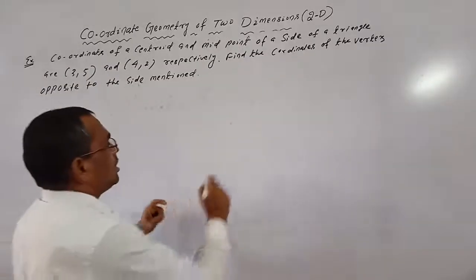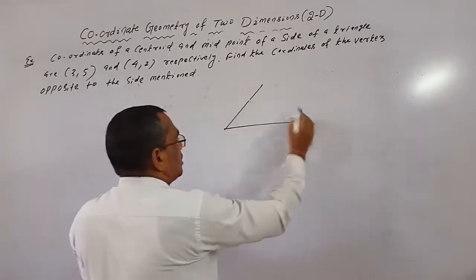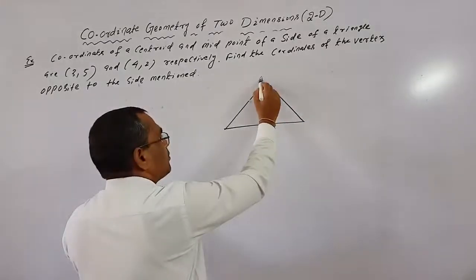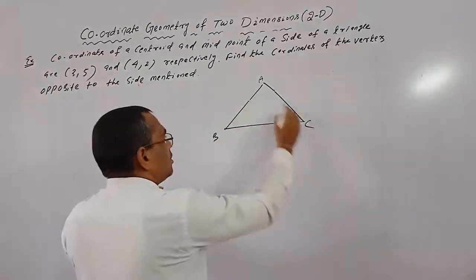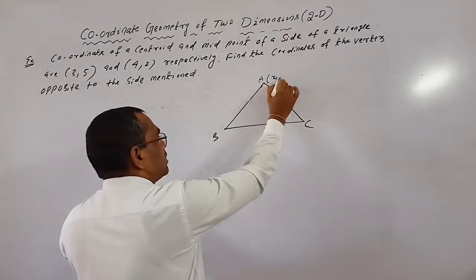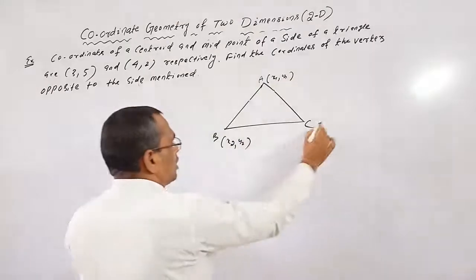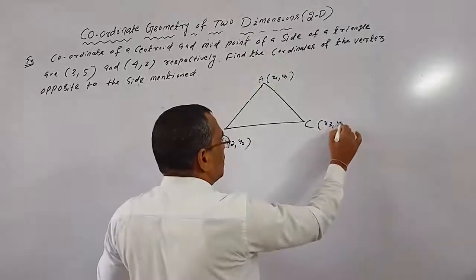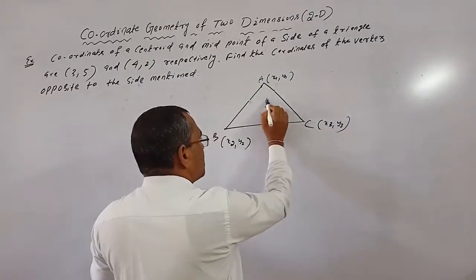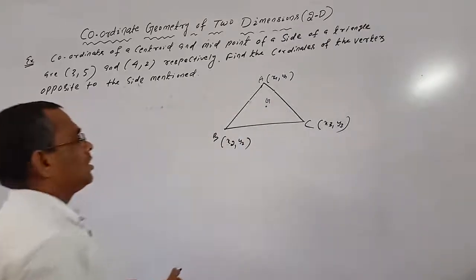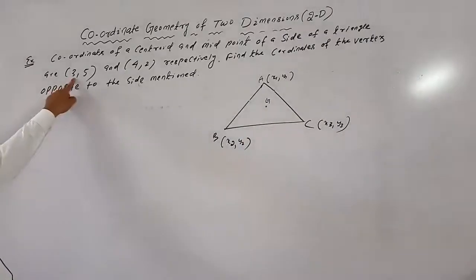Suppose this is a triangle ABC. Suppose the vertex A is x1, y1, another vertex is x2, y2, another vertex is x3, y3, and G is the centroid. Its coordinate is 3, 5.